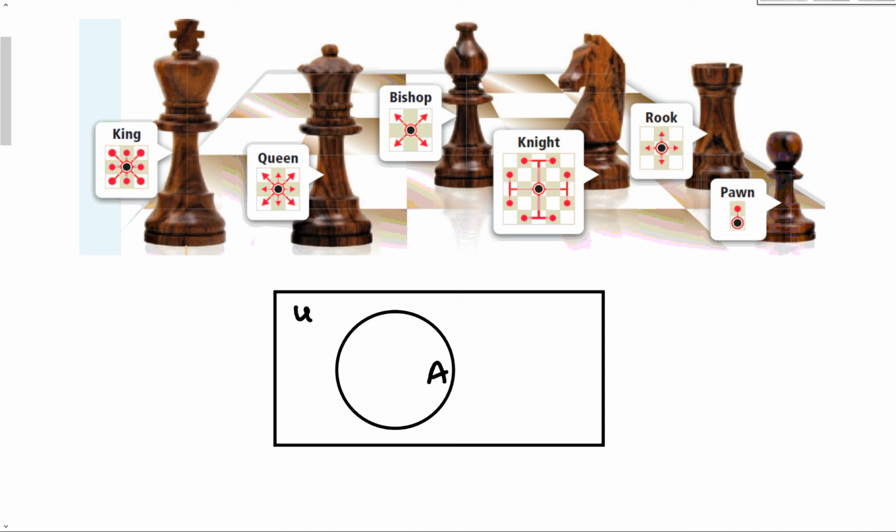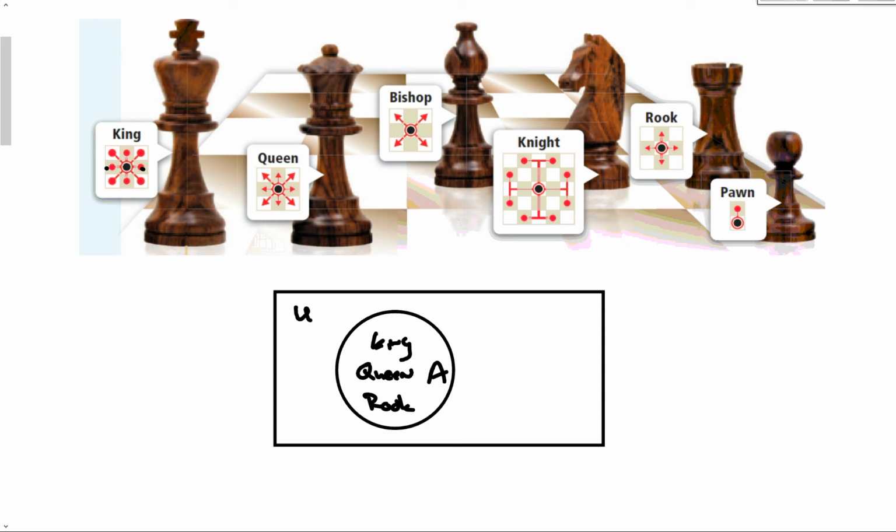If I look at this diagram, I can see that the king can move side to side. So that's going to be king. The queen can move side to side. Bishop, no. Knight sort of does this little weird L-shaped move. But the rook can move side to side.